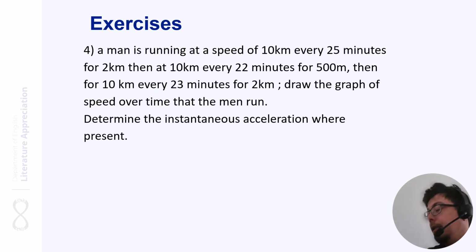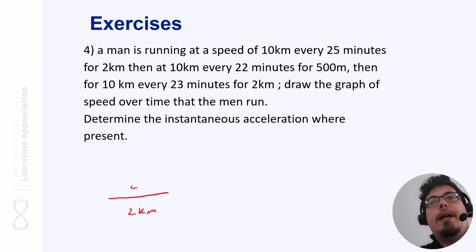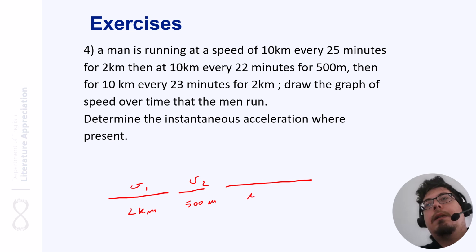We have a man who is running at these speeds: 10 kilometers in 25 minutes, so 2 kilometers at a certain speed v1, then 500 meters at v2, and then 2 kilometers at v3.